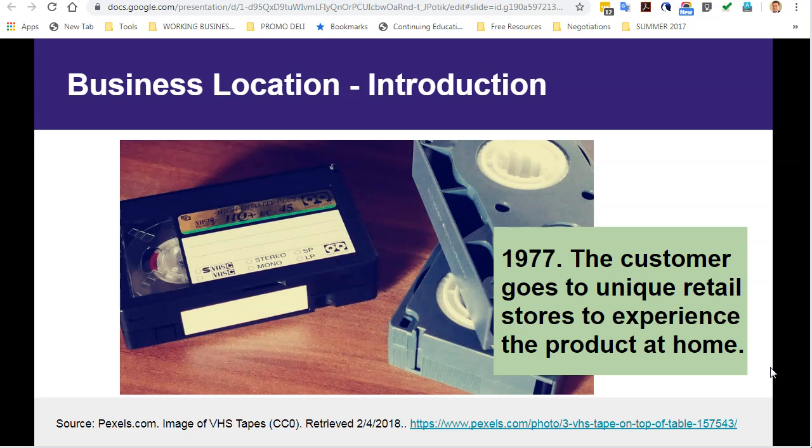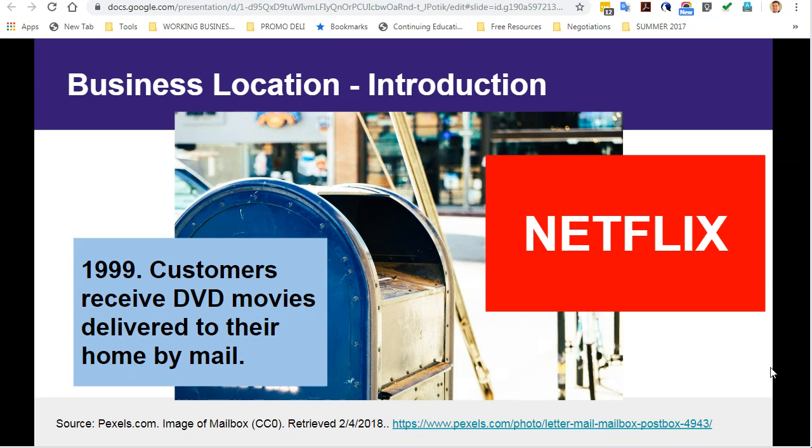You did have to go to a specific retailer, a video rental store, to get it, and you also had to have the equipment to play it in your own home. So there were a couple things that you had to do in order to enjoy that entertainment, but the place that you enjoy that entertainment is now different. In 1999, Netflix arrived, and they started shipping the movie in DVDs through the mail.